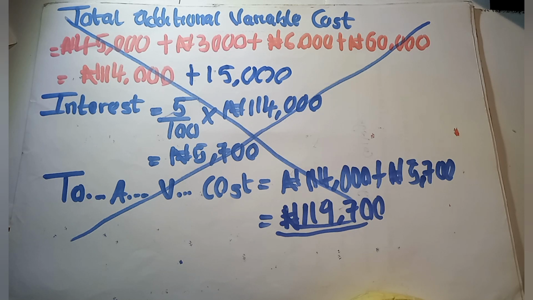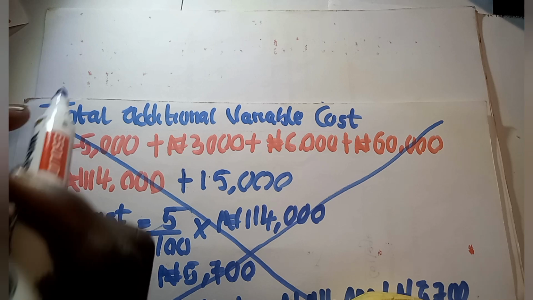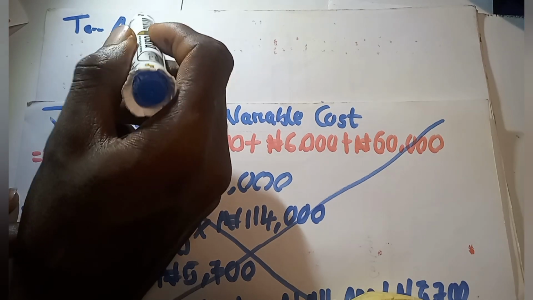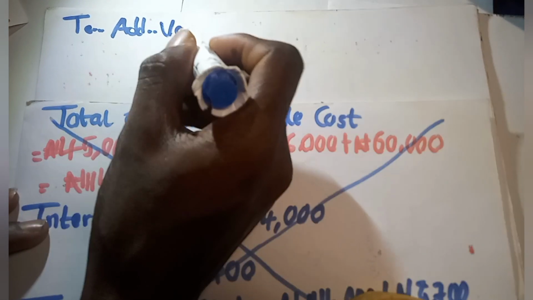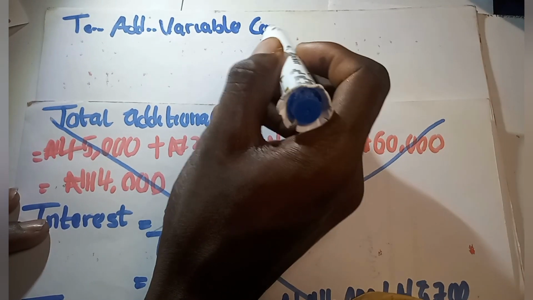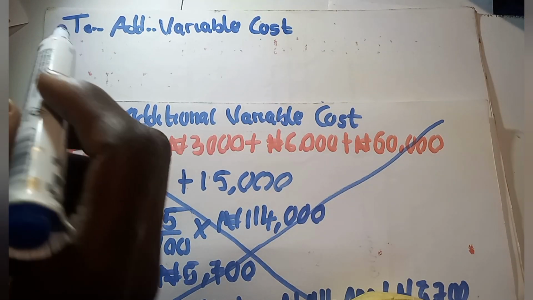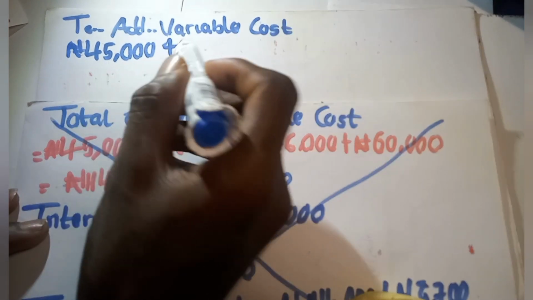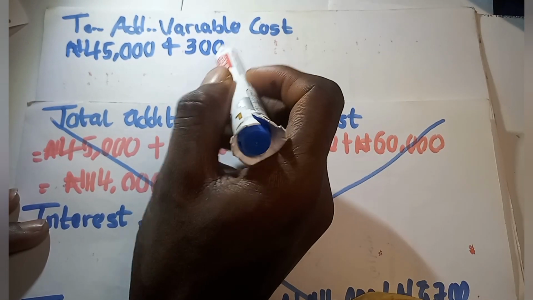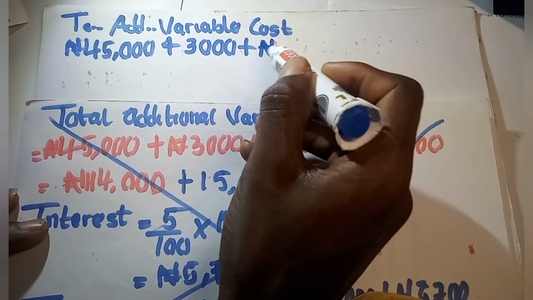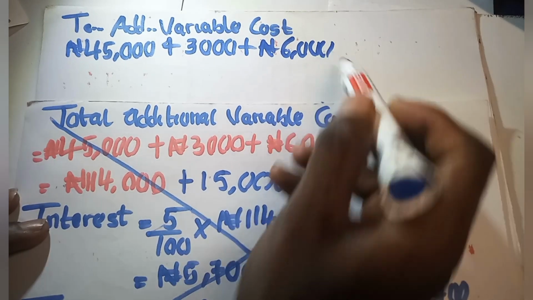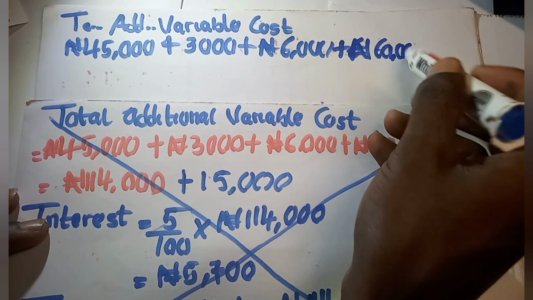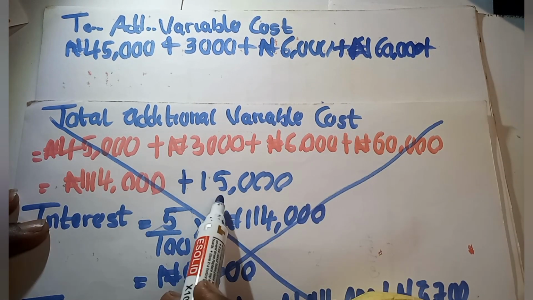So just pay attention. Let's have our new total additional variable cost. It will be 45,000 naira plus 3,000 naira plus 6,000 naira plus 60,000 naira, which is the cost of fuel, plus the veterinary and health.